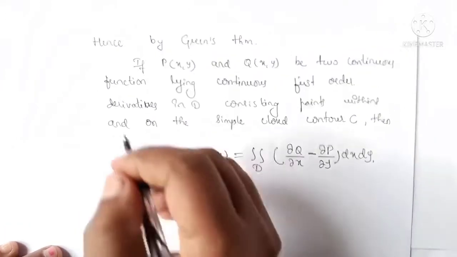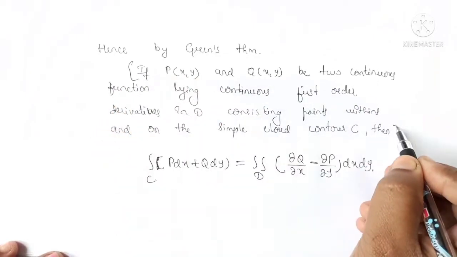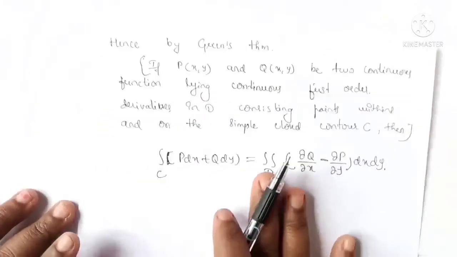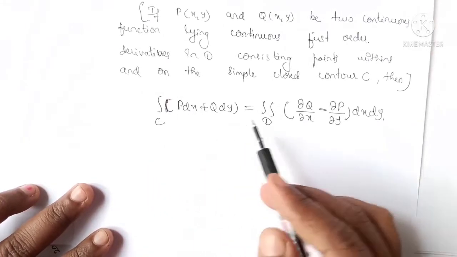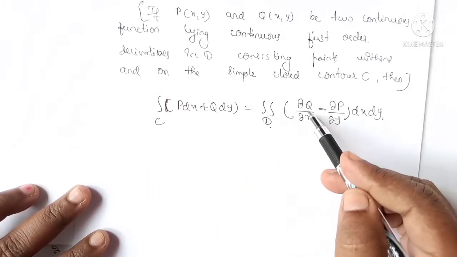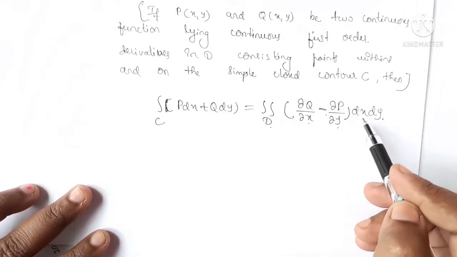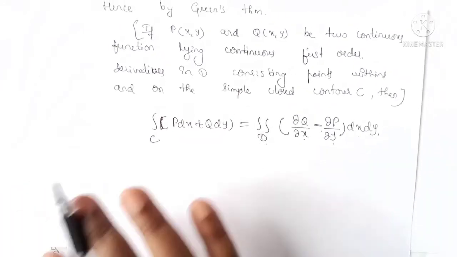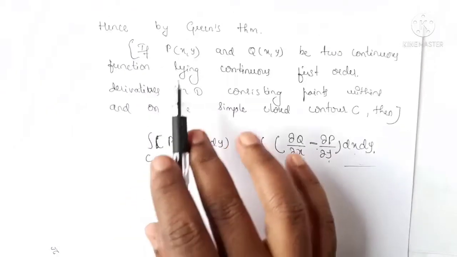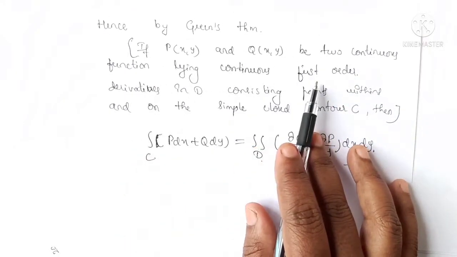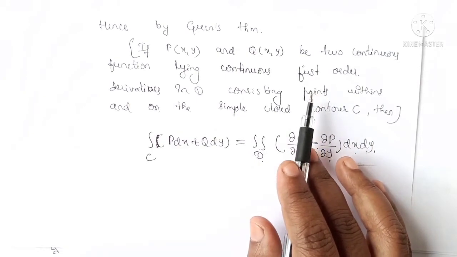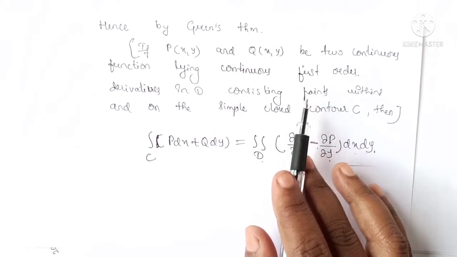You can skip this one. Simply by Green's theorem, we have the integral over C of P dx plus Q dy equals the double integral over D of dou Q by dou x minus dou P by dou y dx dy. We apply Green's theorem when P and Q are functions having continuous first order derivatives, that is, both first order derivatives exist.